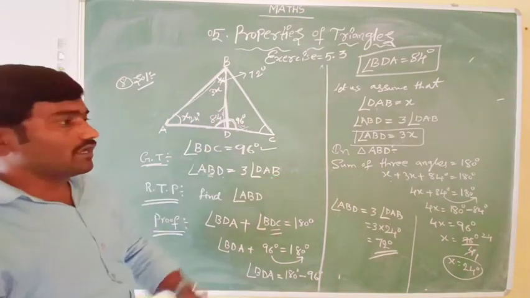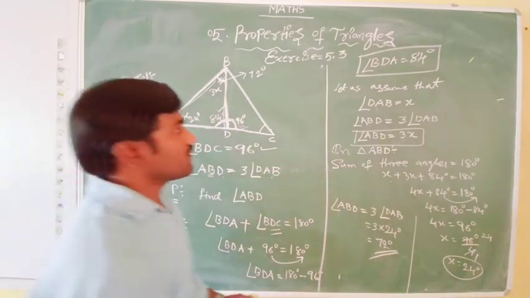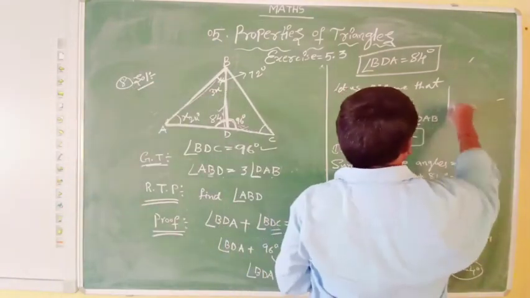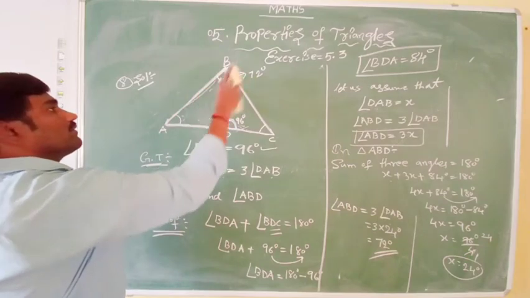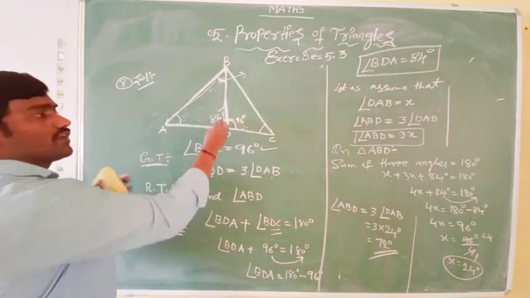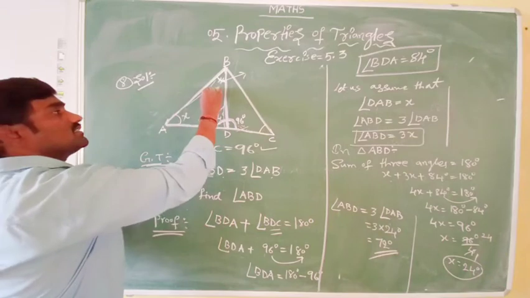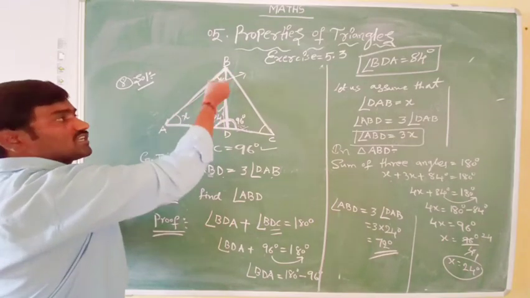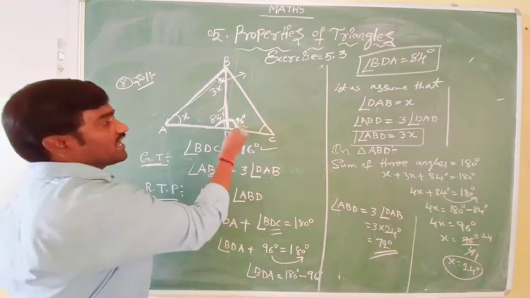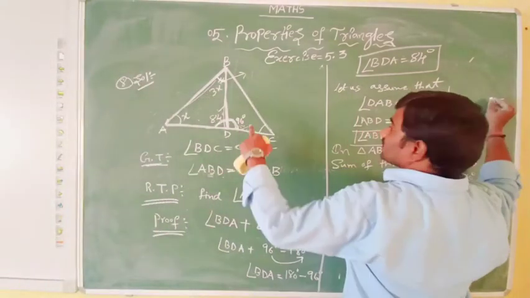Or a simple way I can also tell you this. See what I will tell you. This is 84 degrees, okay? Then you assume this is x and this is 3x. If it is x, it is 3 times more than that, so 3x. So see that it is an external angle 96, no? This 96 equal to what?